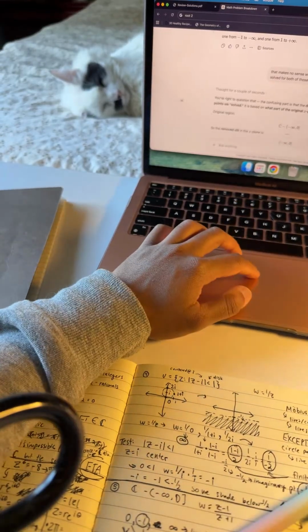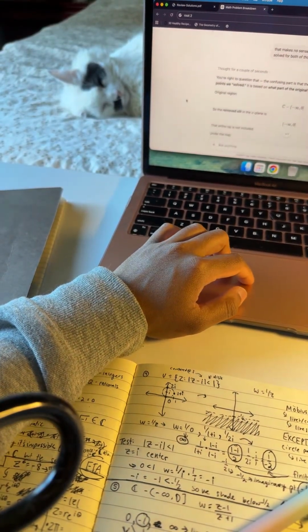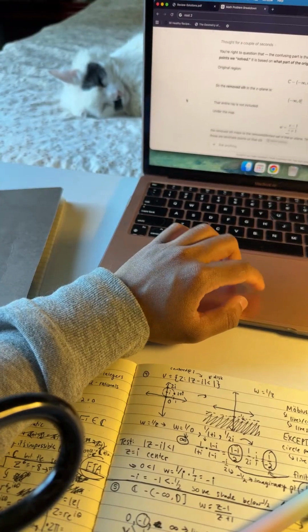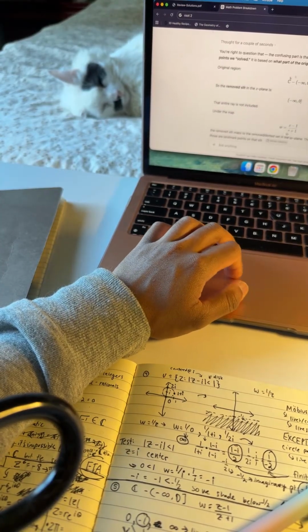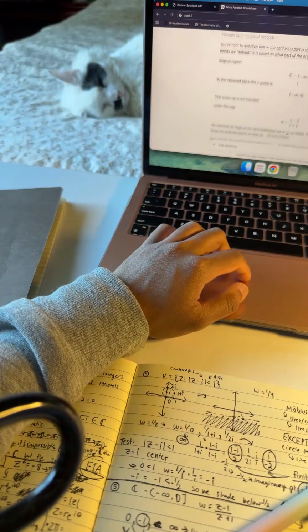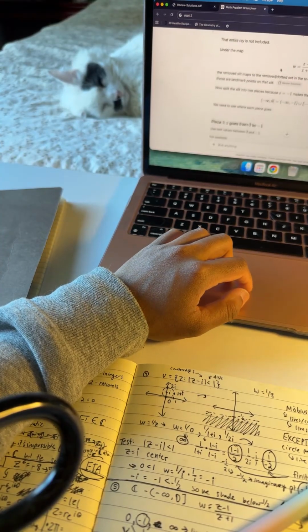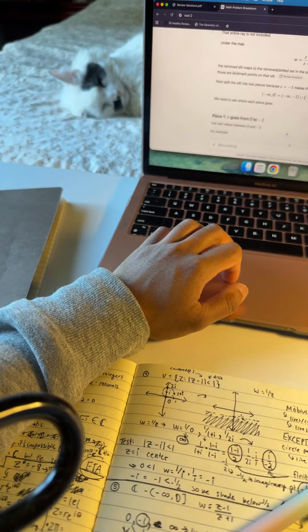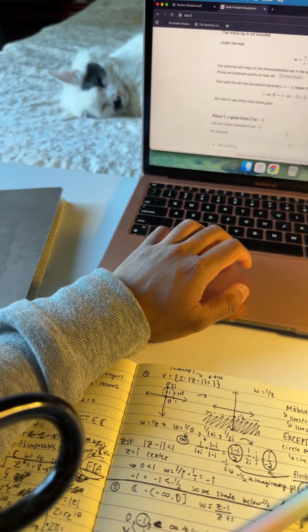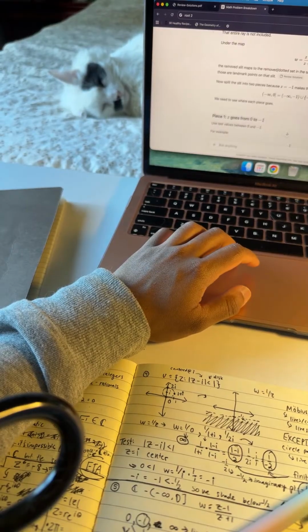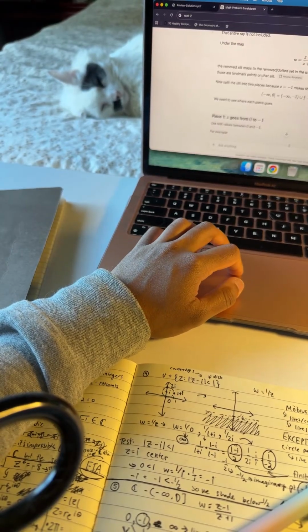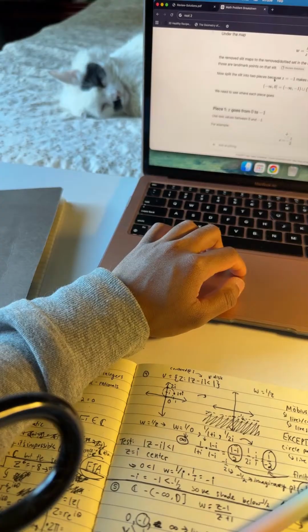You're right to question that. The confusing part is that the dotted removed parts are not based on which points were solved, it's based on what part of the original z-plane was removed. So this is the original. So we moved the slit in the z-plane. Under the map, the slit removed map in the double plane solution tracks 0, -1, infinity, because those are the landmark points on that slit.